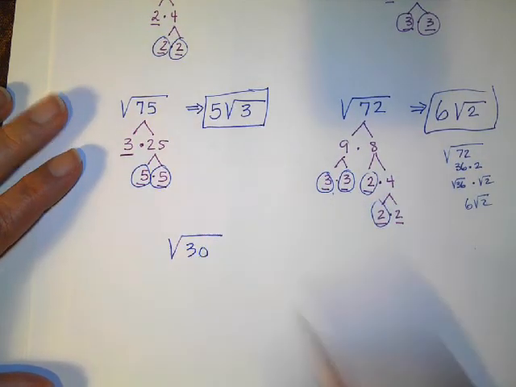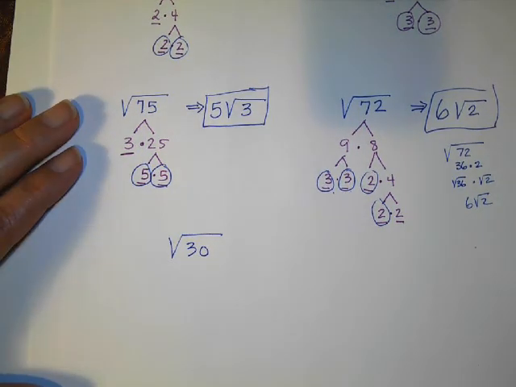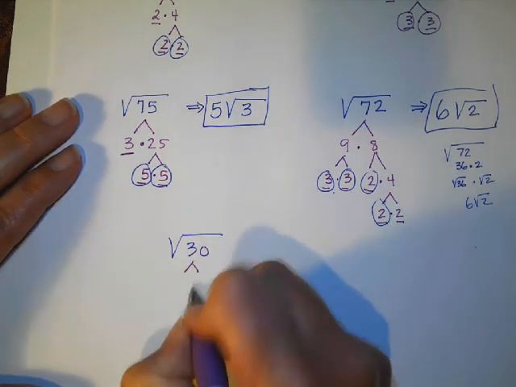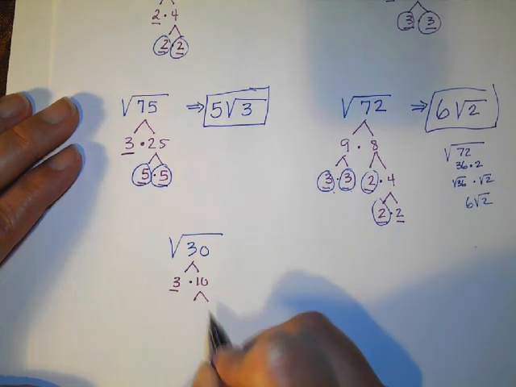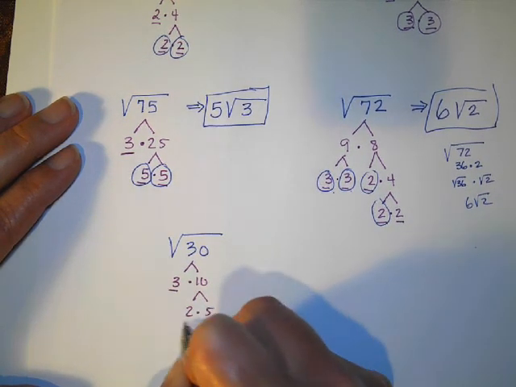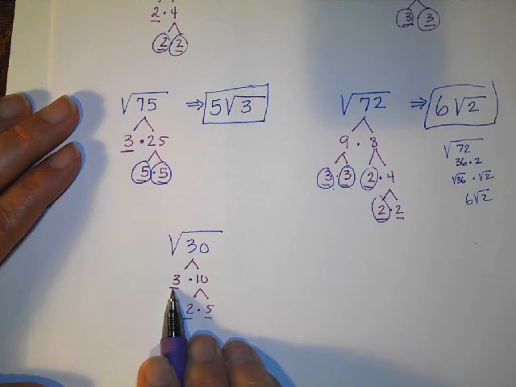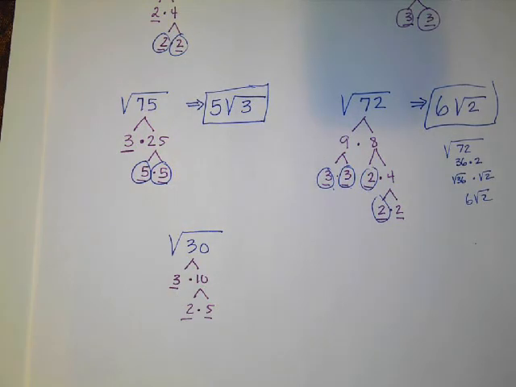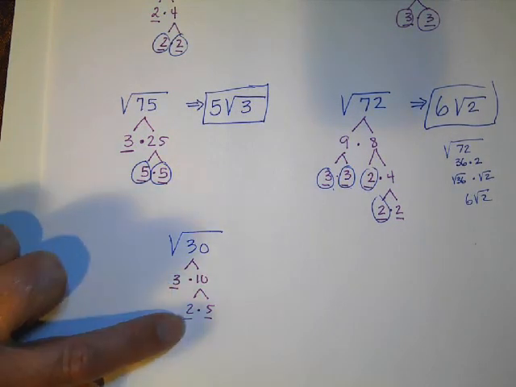Okay? All right, the last example I'm going to give you is an interesting example because will every single square root always simplify? And in a problem like this, when you start breaking this down, let's see, that's a 3 times a 10. 3 can't be broken up. 10 is a 2 times a 5. Well, look, I have a 5, I have a 2, I have a 3, but I don't have a pair of any numbers.